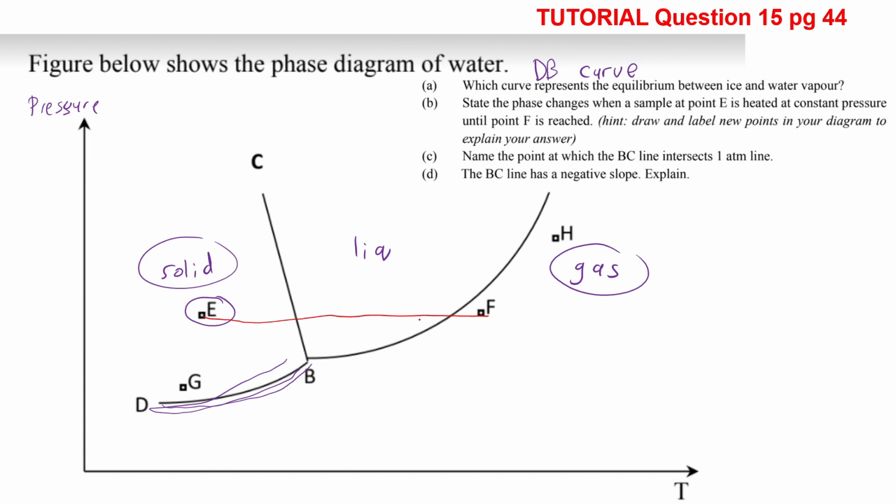Phase change. So start with point E. So at point E, phase-nya ialah solid. Okay, kemudian okay, kita bagilah sini point X, sini point Y, ini point Z. So point X, solid and liquid.